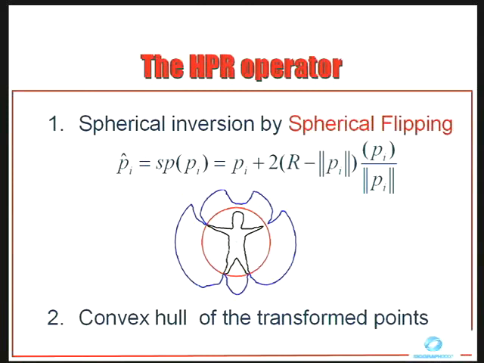We call this inversion spherical flipping. In essence, what spherical flipping is doing is taking points internal to some bounding sphere and projecting every point internal to the sphere to its image, which is external to the sphere, using this equation.